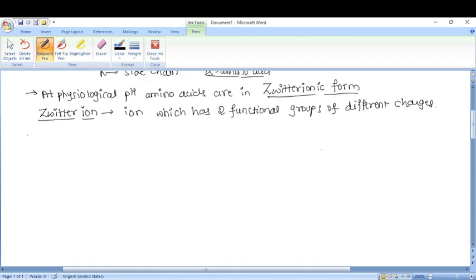Amino acids are amphiprotic in nature. Now we'll see what we mean by amphiprotic.